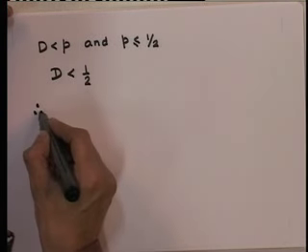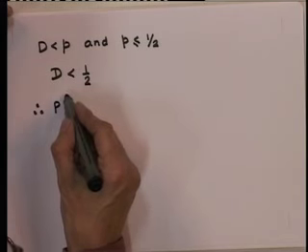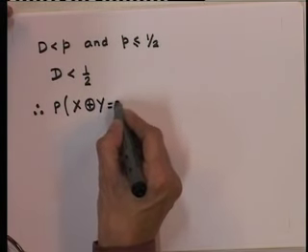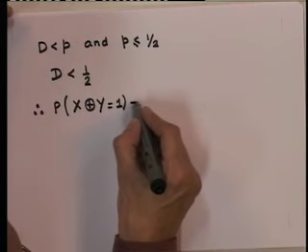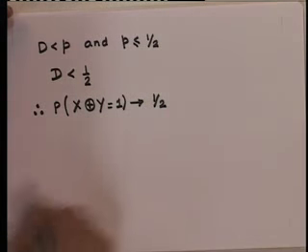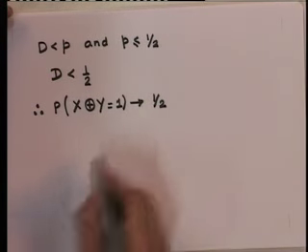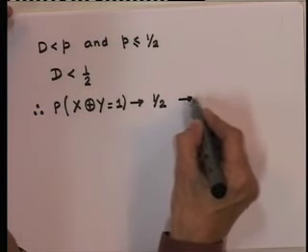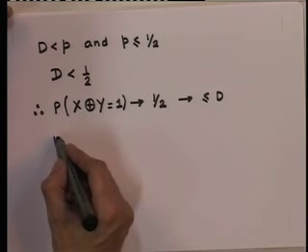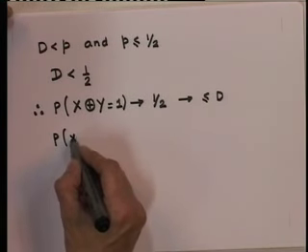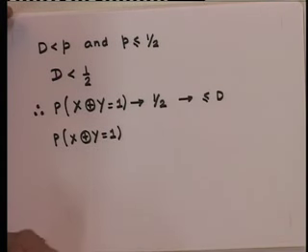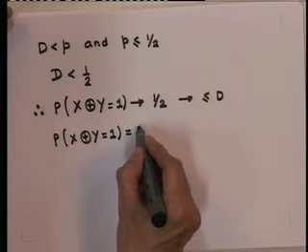Therefore, the probability of X XOR Y equal to 1 is closest to half, while being less than or equal to d, when the probability of X XOR Y equal to 1 is equal to d.